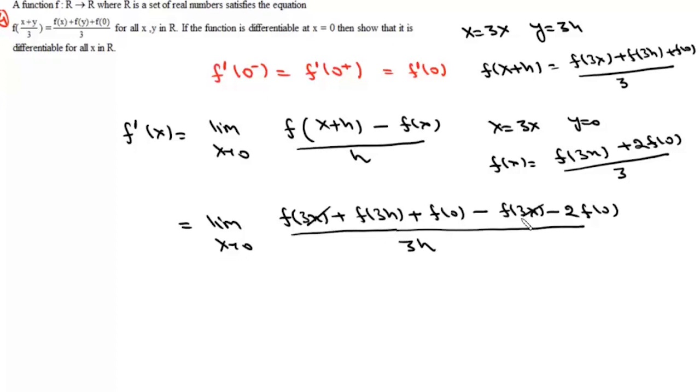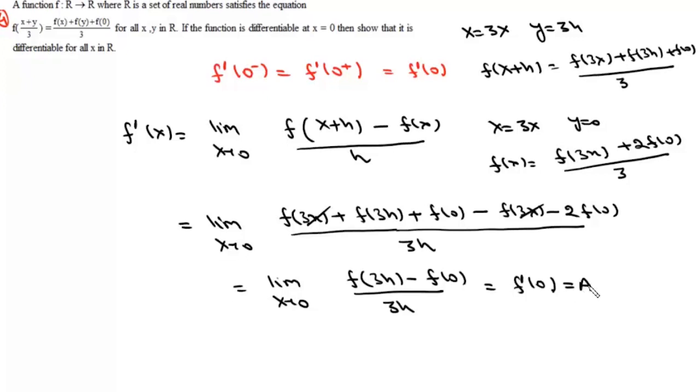Now f(3x) will cancel, so we can write this as this limit, and this is f(3h) minus f(0) upon 3h, which is nothing but f dash 0, which is some constant, say a.